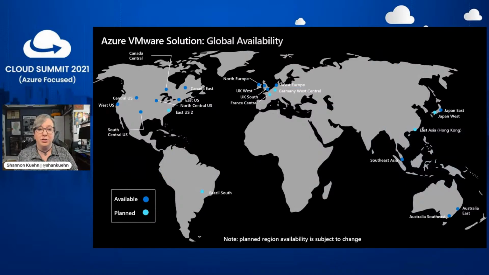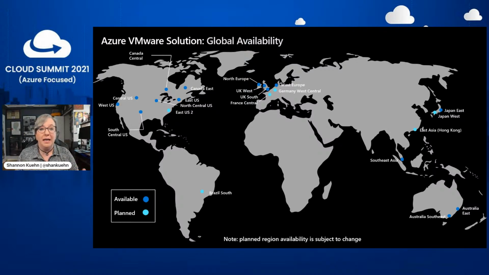We had a first iteration of this back in, I want to say, late 2018, early 2019. We have since gone a different direction and we have this first party service. This reached general availability last September. If you followed the service over the course of its lifespan at Microsoft, you'll notice that the first iteration didn't have nearly as many regional availability points. Hopefully what you're seeing here is that Microsoft has invested in making this a global service.